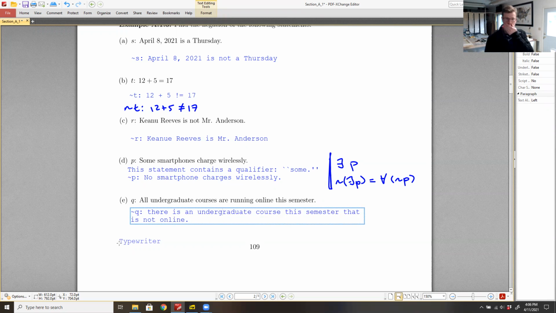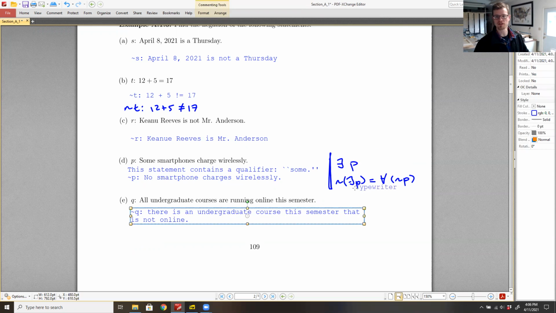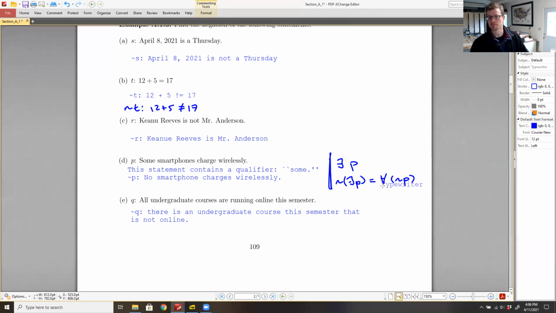Excellent. So right there, when I say there is, I mean there exists. There exists an undergraduate course this semester that is not online. So much like the negation of there exists became all, similarly, the negation of there exists something becomes for all that something is not that something.